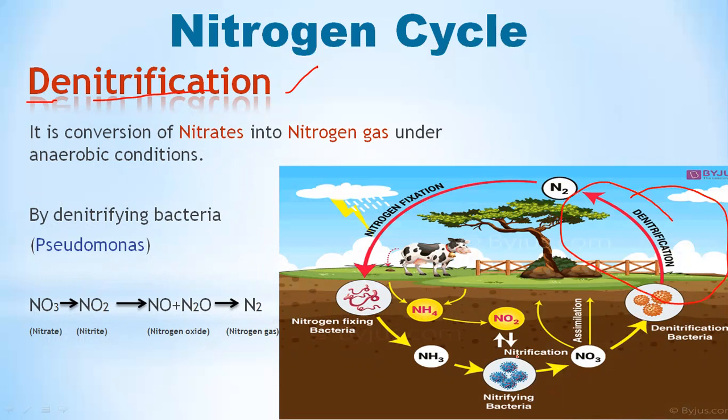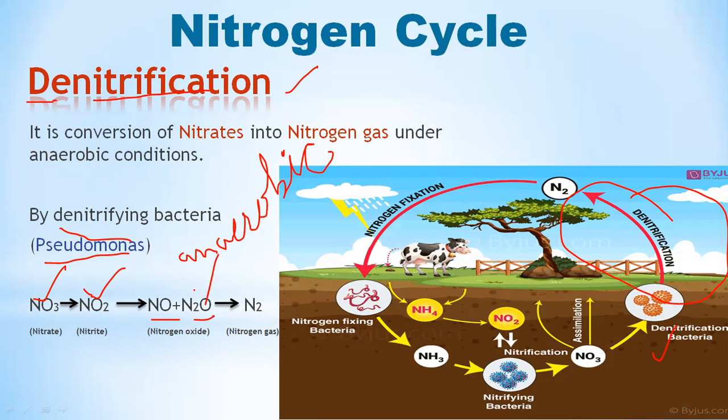There are denitrifying bacteria, especially Pseudomonas, which are anaerobic, in conditions lacking oxygen. They break down nitrates into nitrites, and then nitrite changes into nitric or nitrous oxide, and then they utilize this oxygen and escape the nitrogen into the atmosphere in the form of gas.